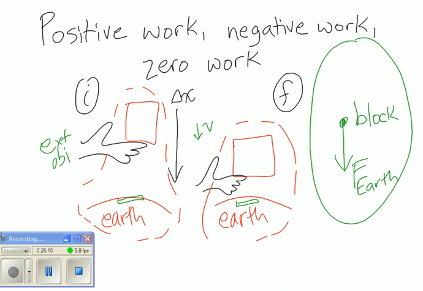So the block hasn't changed in speed. It's closer to the Earth. No chalk has been smashed. So energy has come out of that system. The force of the hand on the block is up, even though the block is moving down. And it's equal in magnitude to the force of the Earth on the block because the velocity is constant.